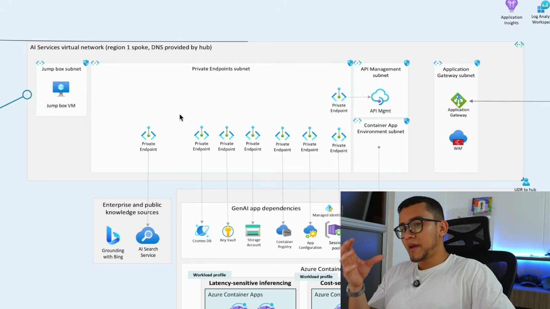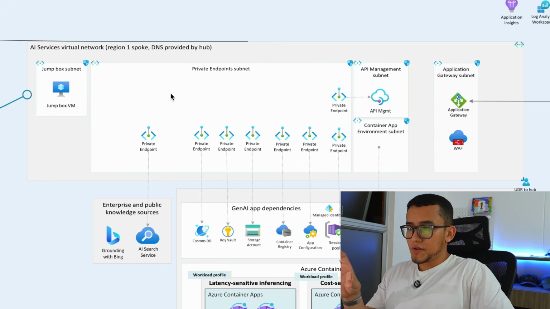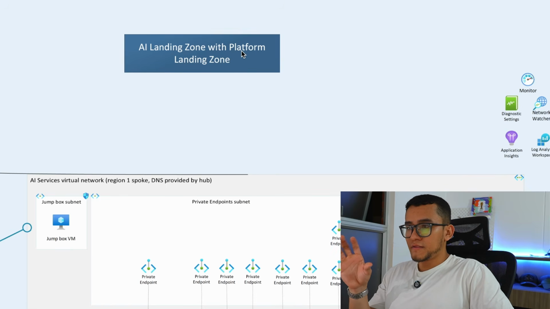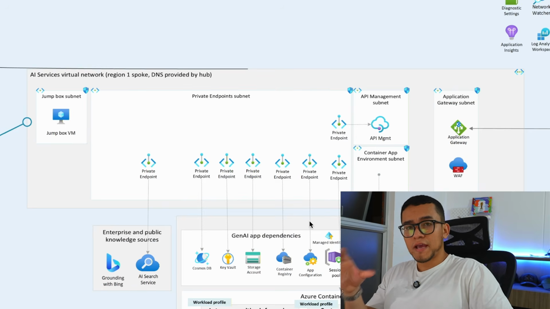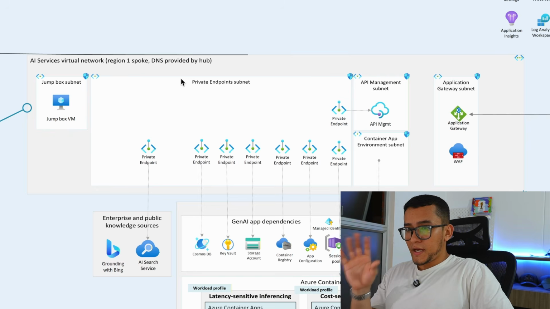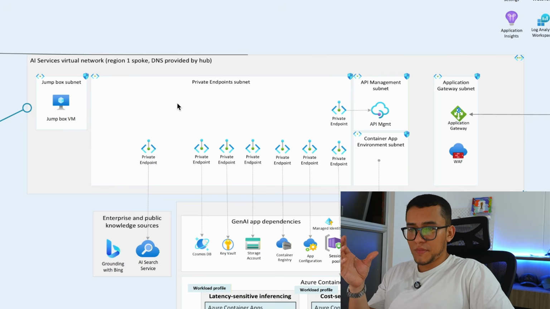Let me walk you through every layer of what this actually deploys, and we will be using the AI landing zone with platform landing zone, which means that we will connect to our existing hub. The networking foundation is a VNet with a set of pre-configured subnets, each scoped to a specific workload role. For example, we have the API management subnet, the container app environment subnet, and so on. And we have an NSG for each subnet.